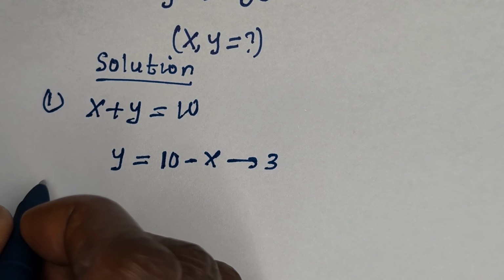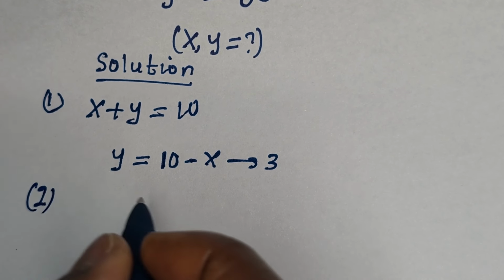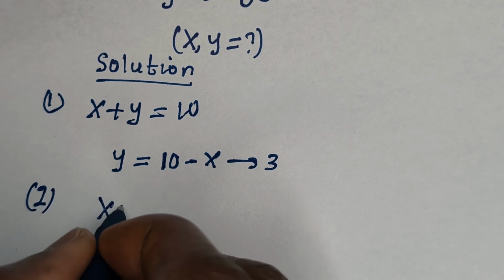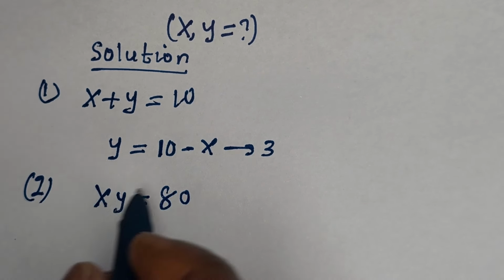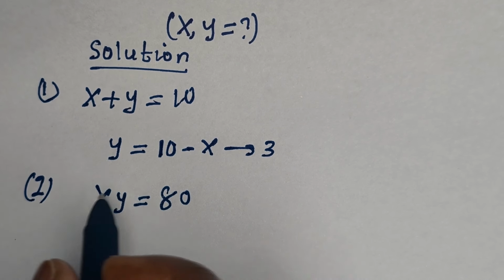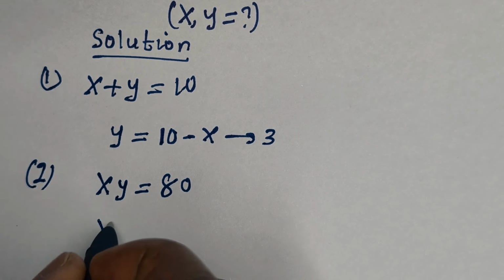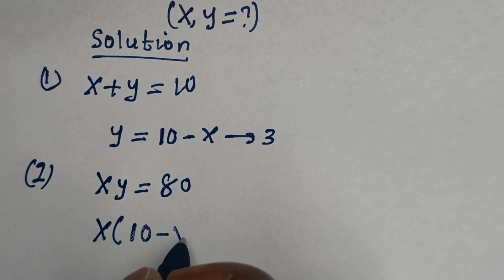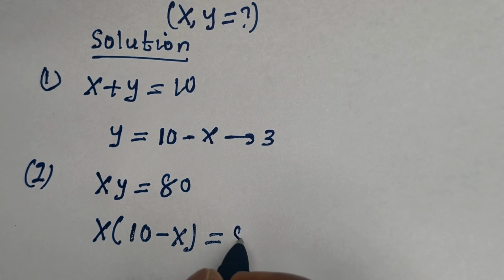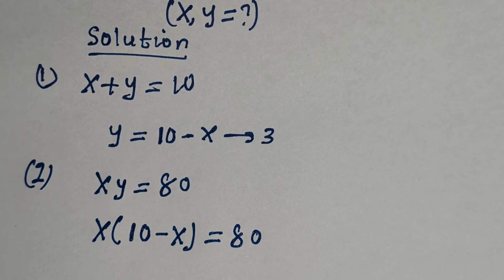Then from equation 2, we have xy is equal to 80. We can now substitute for y. This is x bracket 10 minus x is equal to 80.